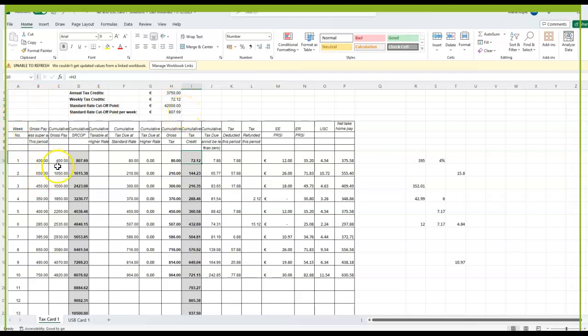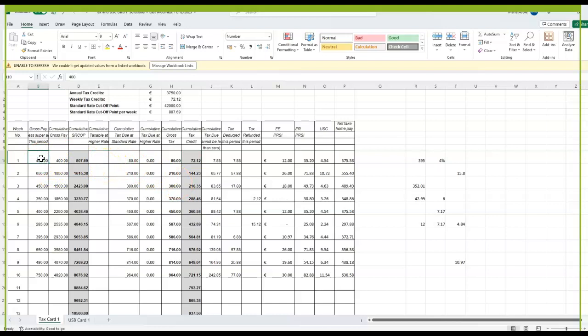In this case, we have 400 which is less than the cutoff point, so all of the income is taxable at the standard rate, no income taxable at the higher rate, so €80 tax, less the tax credit from week 1 to give 7.88 tax, cumulative tax due, which is deducted, and so forth. So you work your way down the board.